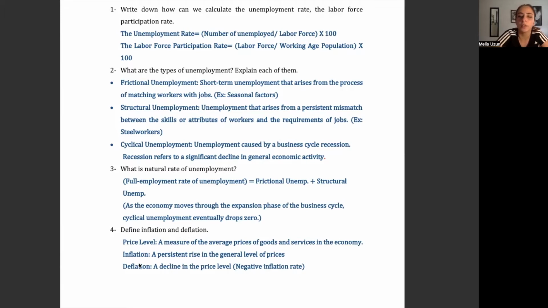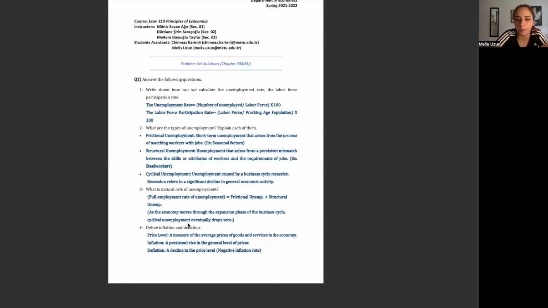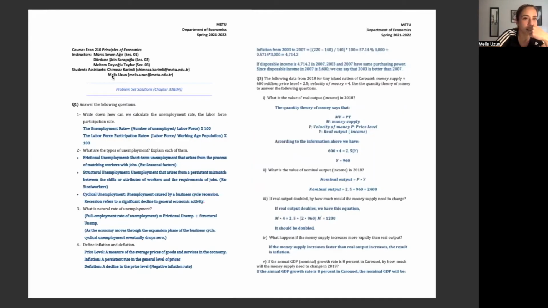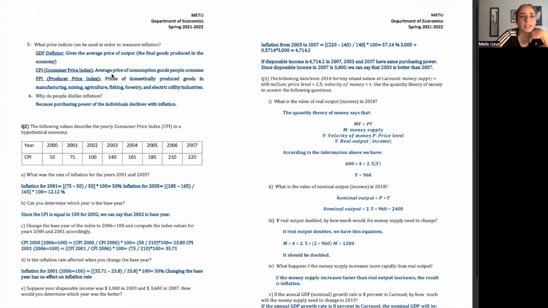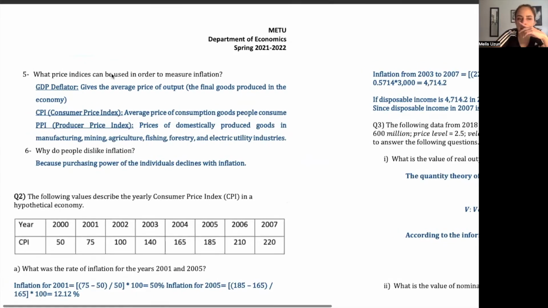And define inflation and deflation. Inflation, you already know, is a persistent rise in the general level of prices, and deflation is the opposite of it, a decline in the price level. What price indicators can be used in order to measure inflation? GDP deflator, CPI, and PPI. We used GDP deflator and CPI while calculating inflation in problem set 7.